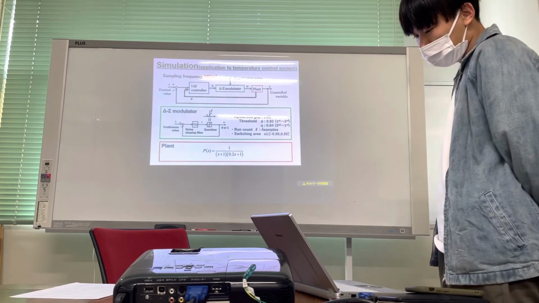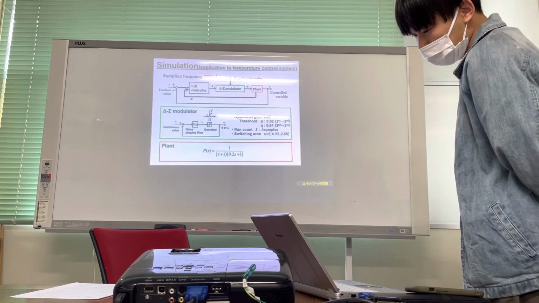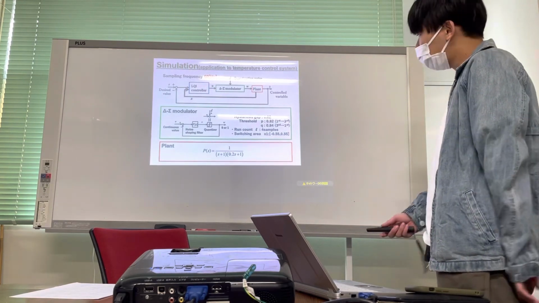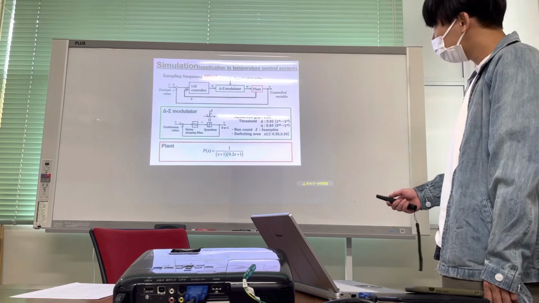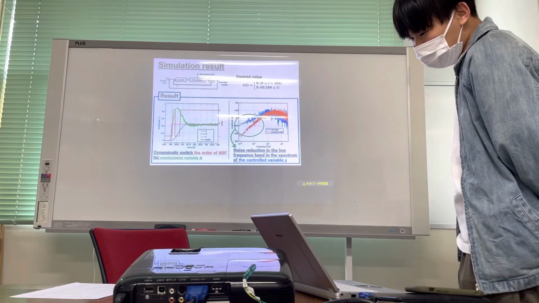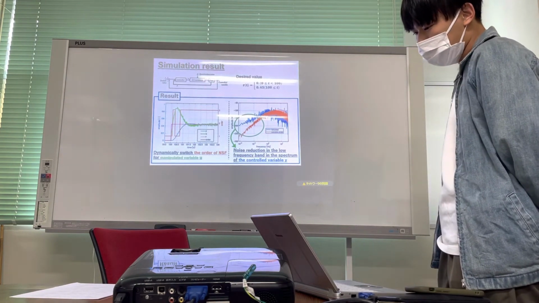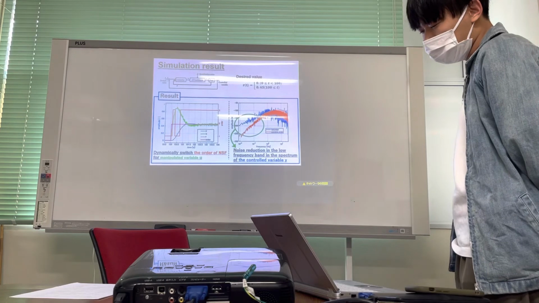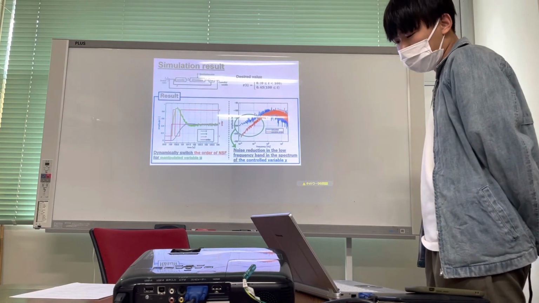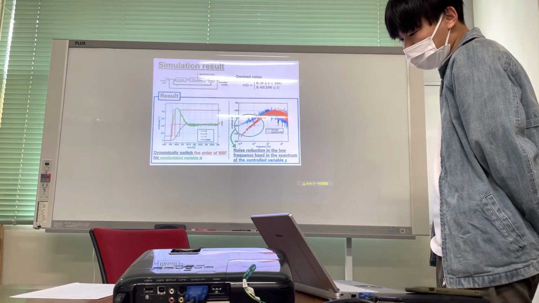The modulator's parameters and band used in the simulation are as follows. Next, we run the simulation. The desired value is a step signal that rises from 0 to 0.45. The result is the 2 graphs below.